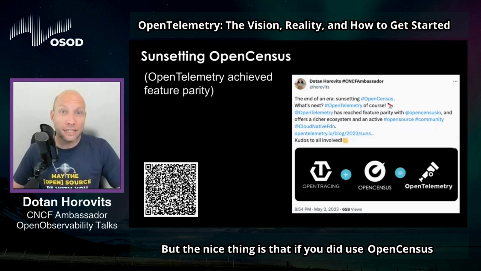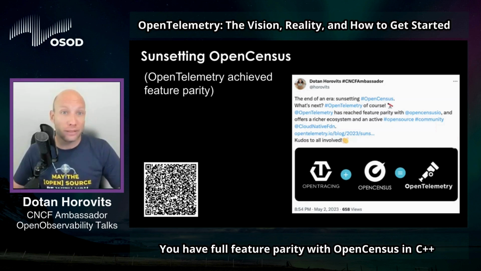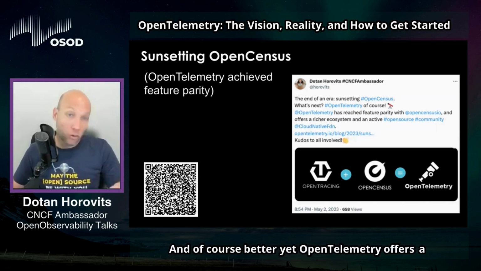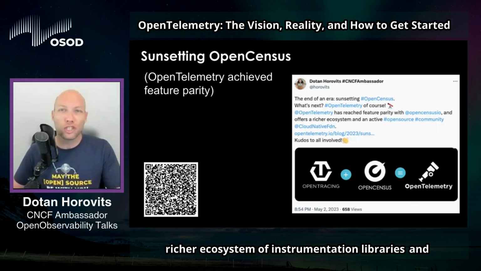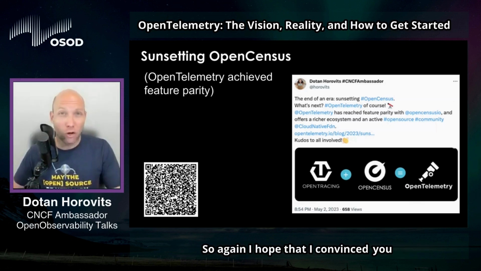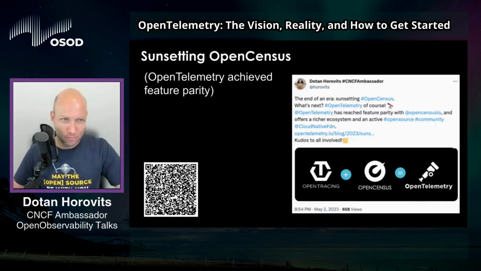But the nice thing is that if you did use OpenCensus, know that you have full feature parity with OpenCensus in C++, .NET, Go, Java, JavaScript, PHP. And of course, better yet, OpenTelemetry offers a richer ecosystem of instrumentation libraries and exporters and all the things that we talked about before. So again, I hope that I convinced you. Now is the time to move to OpenTelemetry.